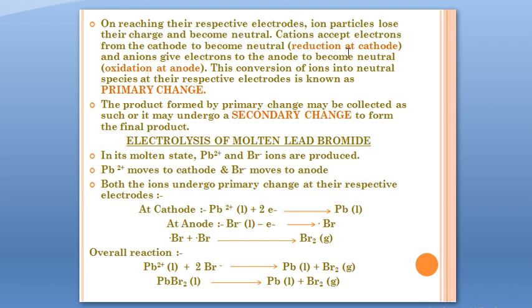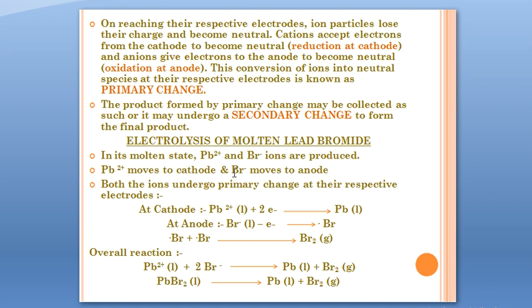Cations का conversion cathode पे होता है, anions का conversion anode पे होता है. Now in most of them, primary change के बाद ही product collect हो सकता है. In some of them secondary change is required. What is this secondary change? We'll understand by taking an example.